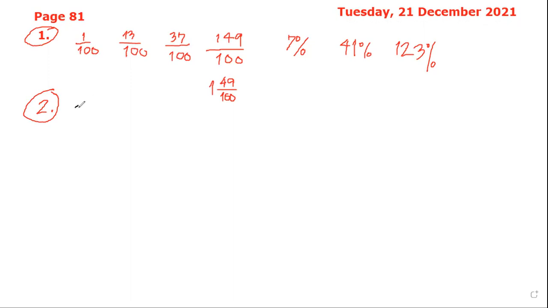All right, 1/2 equals percentage. So times 100%, 1 over 2, and therefore it is 50%.